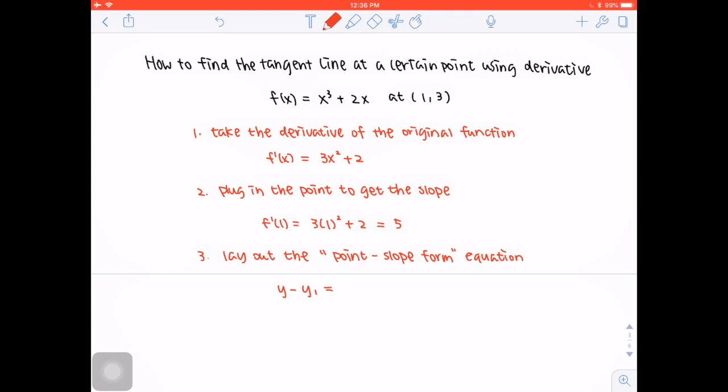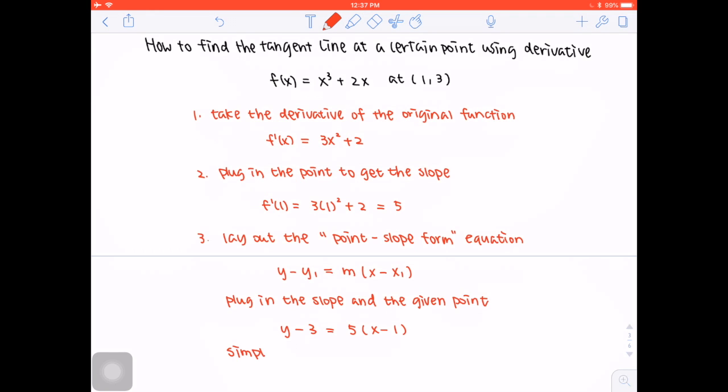And you plug in the slope and the given point in order to get the function. And you finally simplify it and you get y equals 5x minus 2, which is the tangent line of the function f of x equals x cubed plus 2x at point (1, 3).